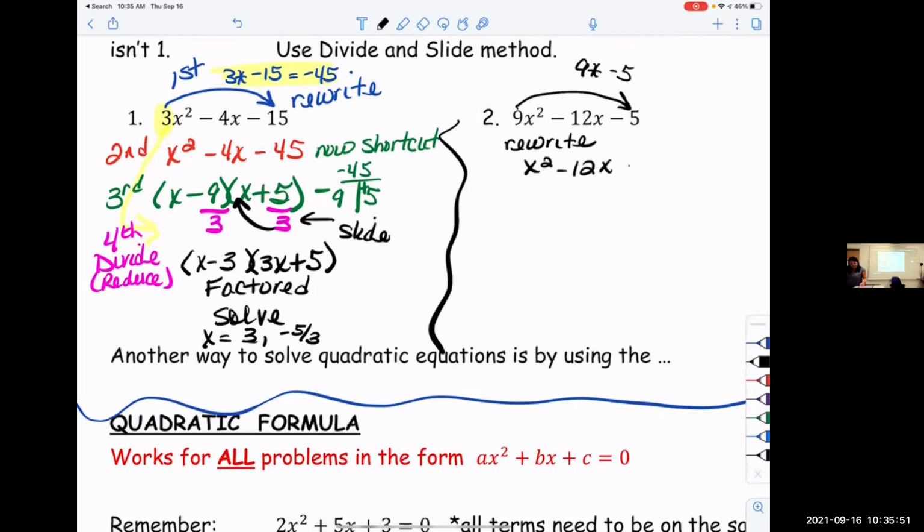It doesn't come out to be 45 every time. I just picked numbers where that did, but that's just a coincidence. Okay, I didn't do that on purpose. All right, now you factor it using the shortcut method.